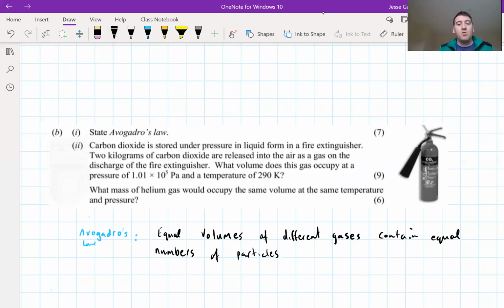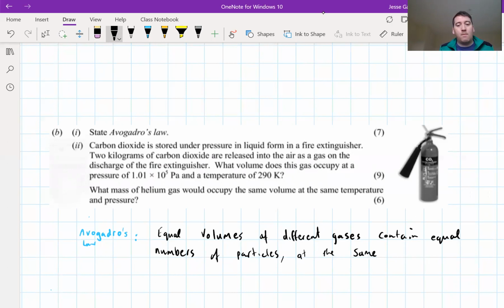Now, you must clarify though that this is only true if you keep the temperature and the pressure the same. If you compare carbon dioxide at 100 degrees Celsius to helium at 5 degrees Celsius, then 1 liter of each of them will not contain the same amount of particles because you've let the conditions change. So we must clarify that equal volumes of different gases contain equal numbers of particles at the same temperature and pressure.